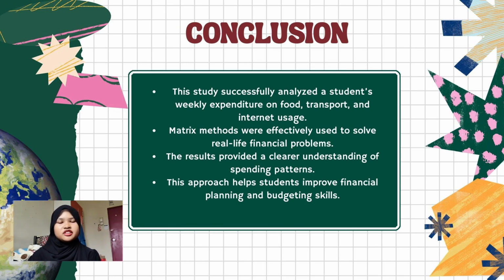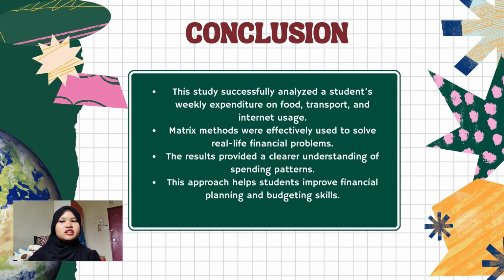We also applied the matrix method to solve a financial problem in a systematic and organized way. This showed that mathematics is not only theory, but can also be used in real life situations, especially in managing personal finance. Using this method made the calculation clearer, faster, and more accurate.